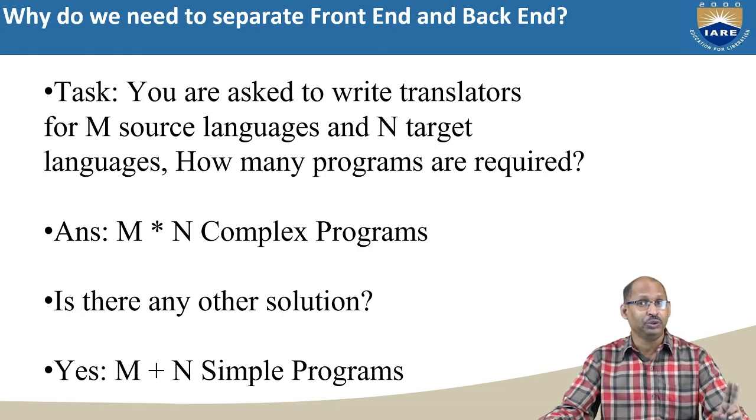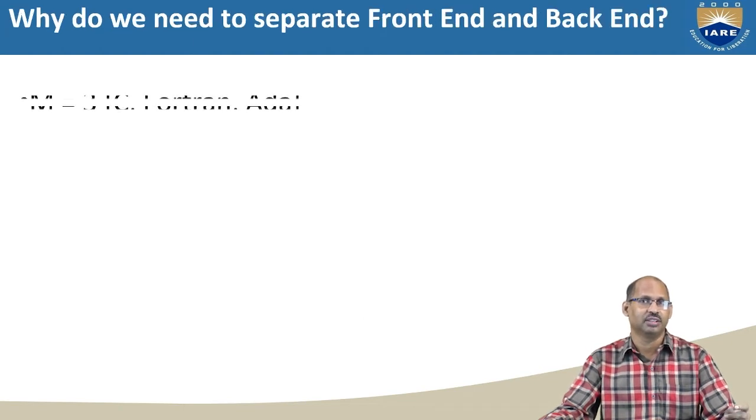By using the concept of front end and back end, and dividing the complex task into simple tasks, we can convert M into N complex programs into M plus N simple programs.